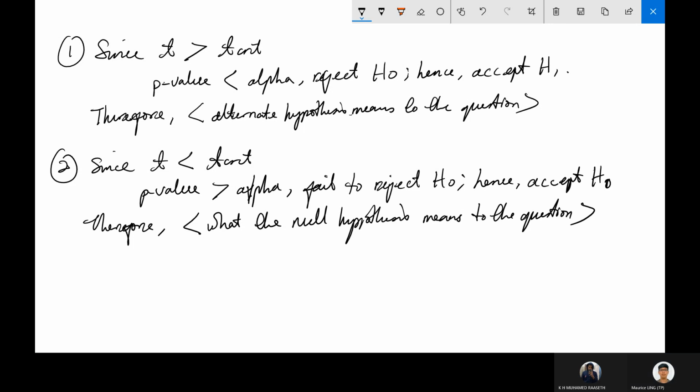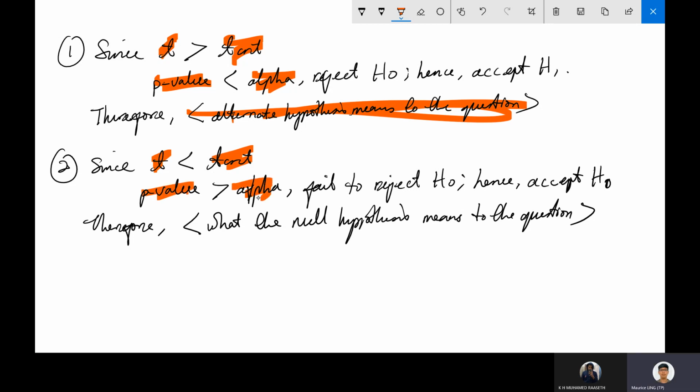So just follow this template. These are the words that you change. You pick either one. The top one is accept H1. The bottom one is accept H0.